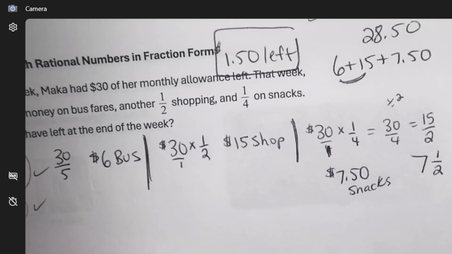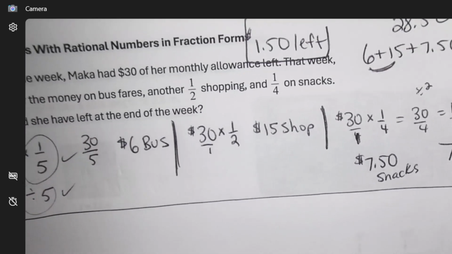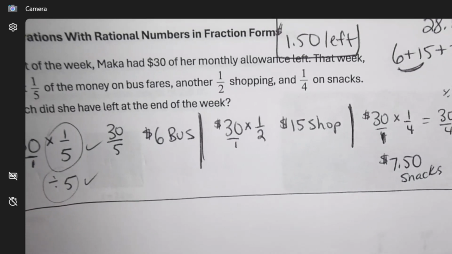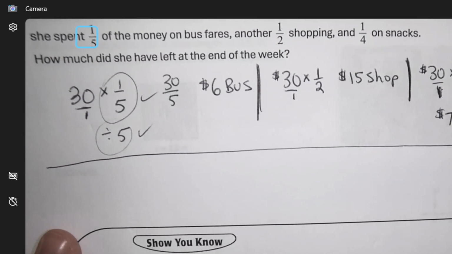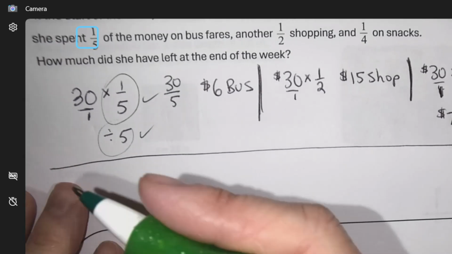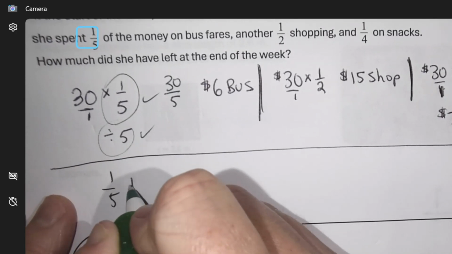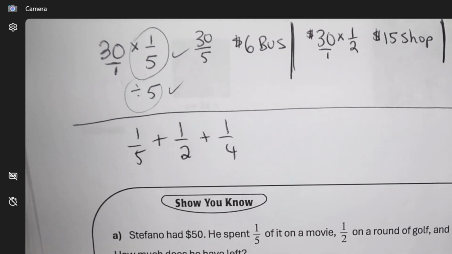Okay, we're going to try it in a little bit of a different way and see if we work out the same. I'm going to add all the fractions. So I spent a fifth of my money and a half of it and a quarter of it. Let's see what happens if we add them all together.